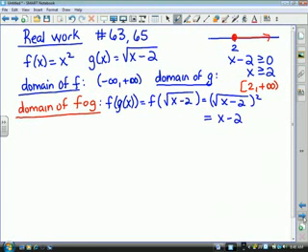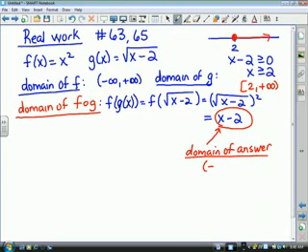So here's what we're learning. You have to do the domain of the answer. You have to examine that. And that is all real numbers. That's a linear function.